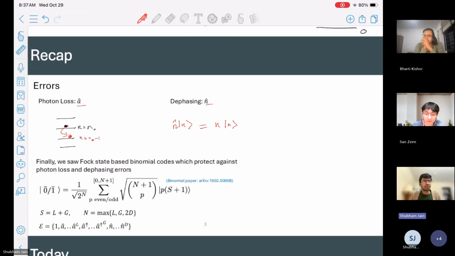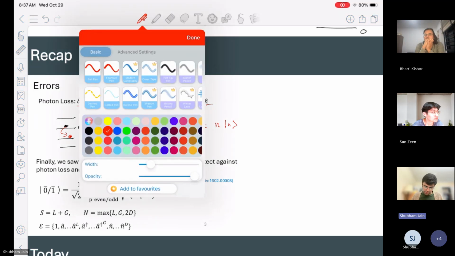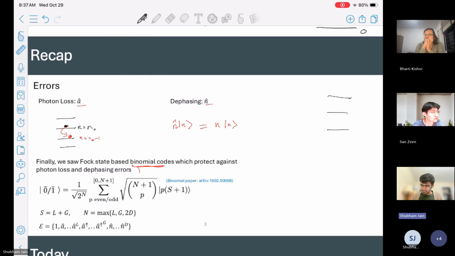We looked at one code called the binomial code, which can actually protect against dephasing and photon loss. In general, this code looks like this. In your single mode Hilbert space, this ladder, you would choose some states which have some spacing.